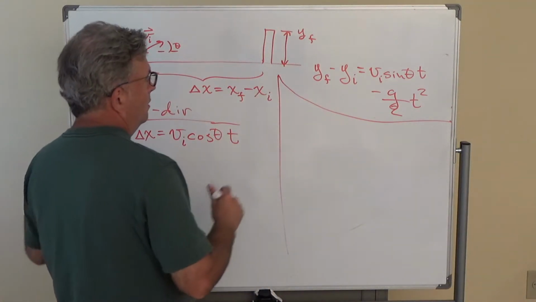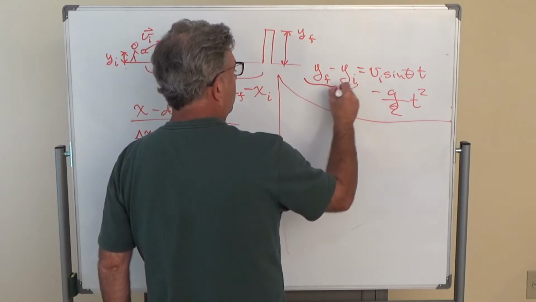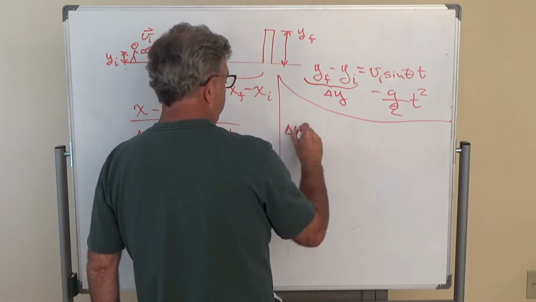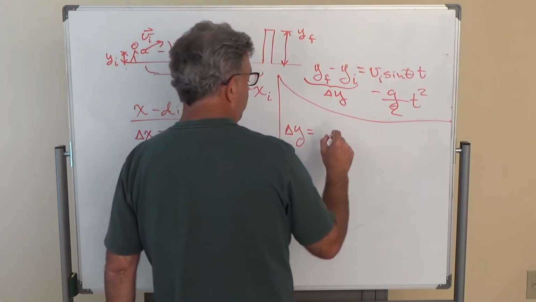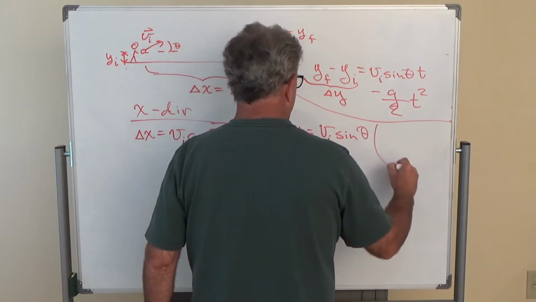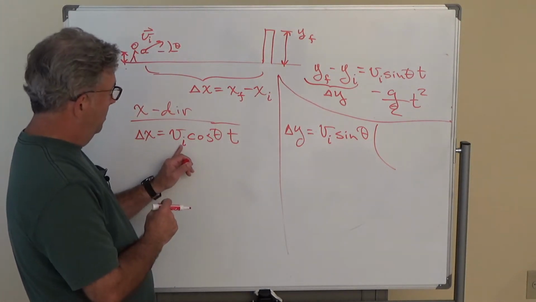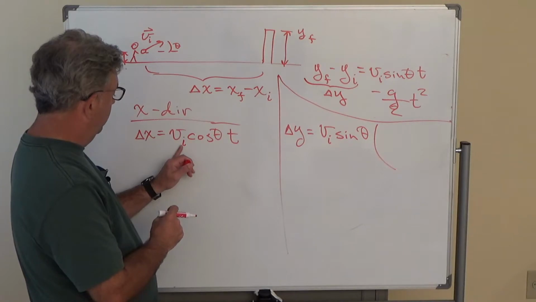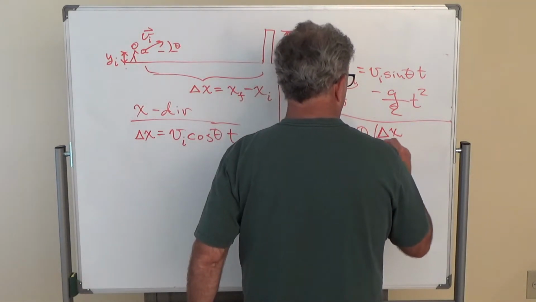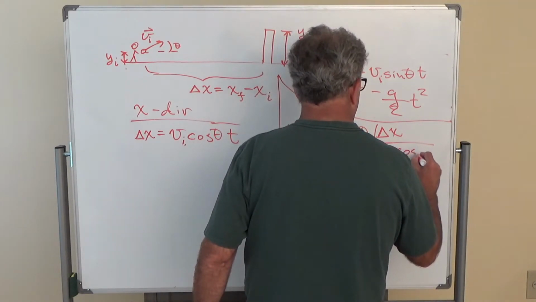All right. So I'm going to call this delta Y. It'll just make the notation a little bit easier. Delta Y is equal to V initial sine theta multiplied by T. Well, T is delta X divided by V initial cosine theta.